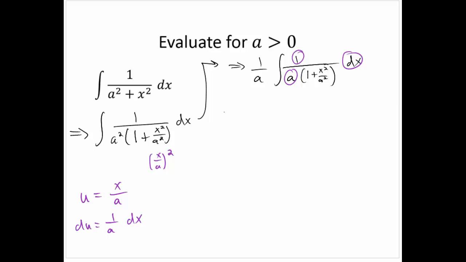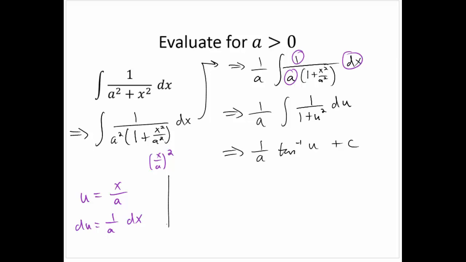And so now I have 1 over a integral 1 over 1 plus u squared du. And this is a simple antiderivative. I have 1 over a arctangent u plus a constant.